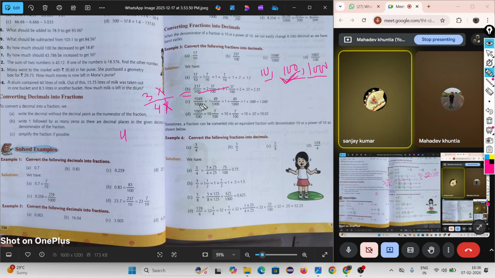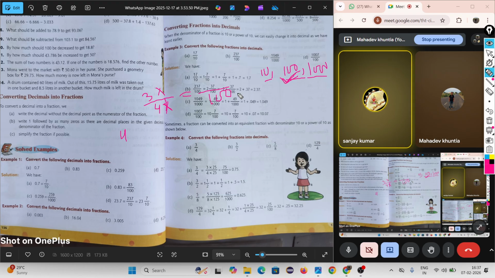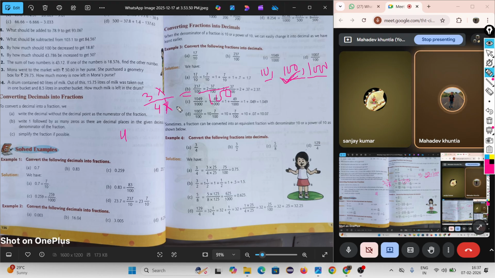What do we multiply with 4 so that the result becomes 100?